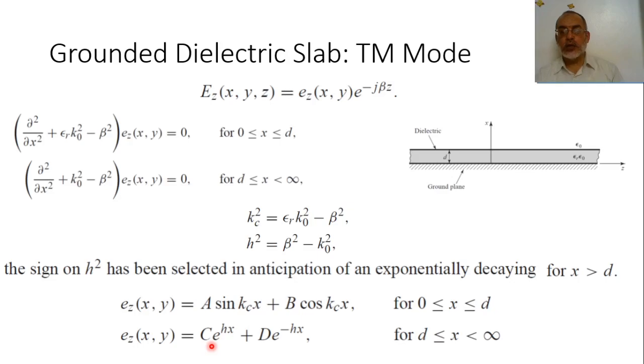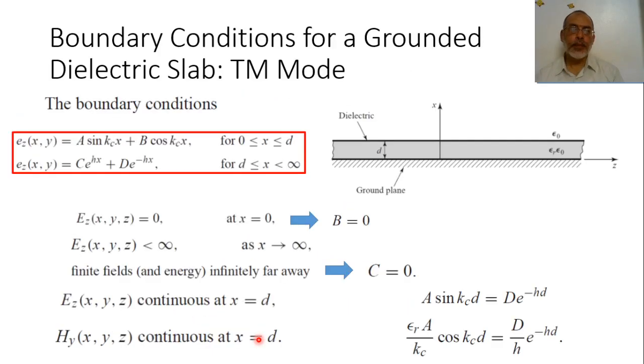So by using two boundary conditions, one at x equals 0, we obtain B equals 0, and the other one, at infinity, we obtain C equals 0. The remaining parts are A and D. That's what I have said: Ez at x equals 0 should be 0, thus B is 0, and Ez should be less than infinity as x tends to infinity, thus C equals 0.